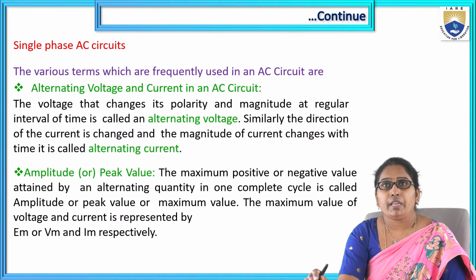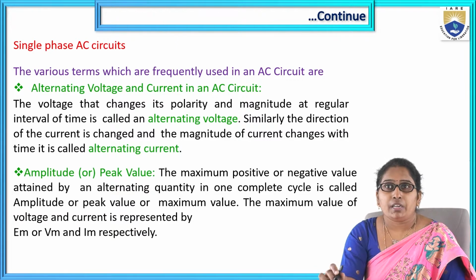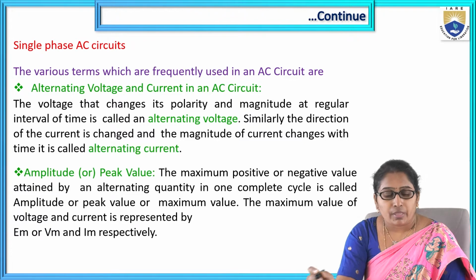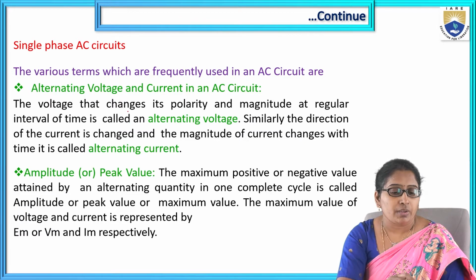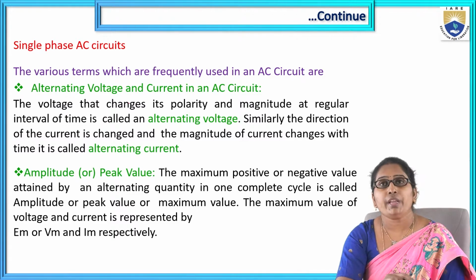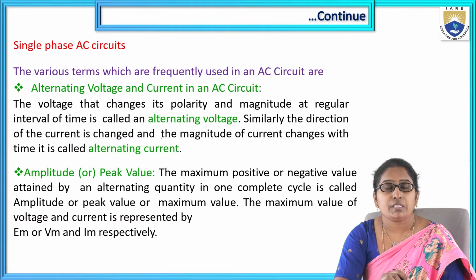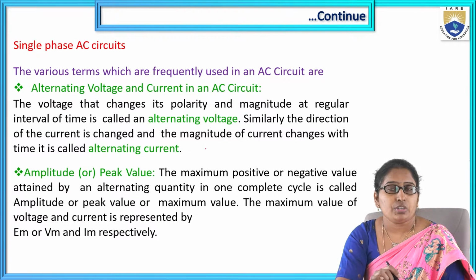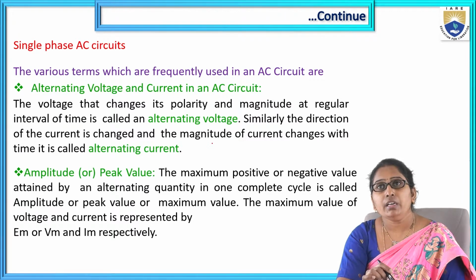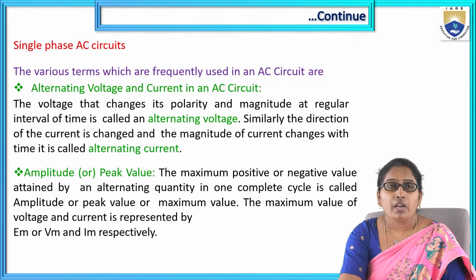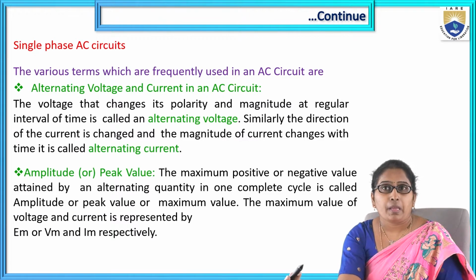Alternating means it is continuously changing with respect to time. The voltage that changes its polarity and magnitude at regular intervals of time is called alternating voltage. Similarly, alternating current is the current that changes its polarity and magnitude at regular intervals of time.